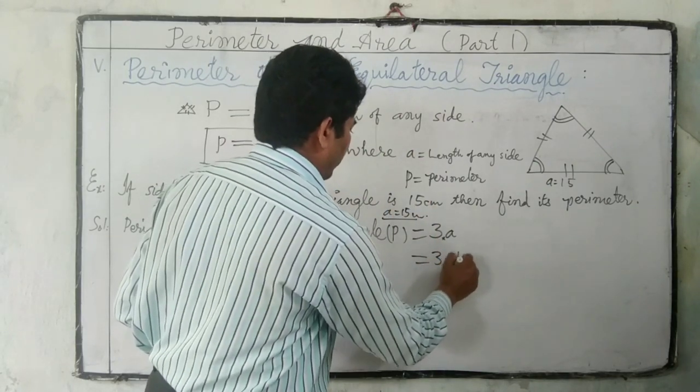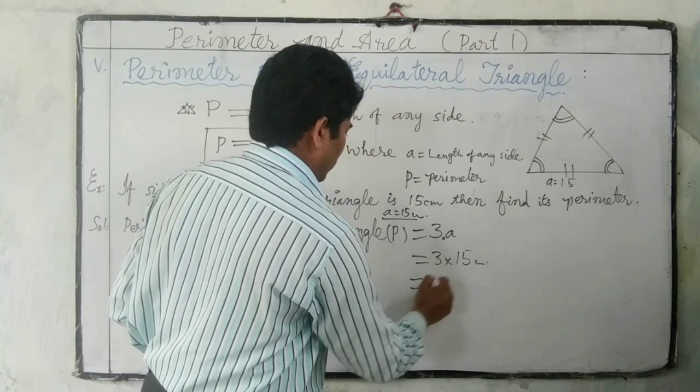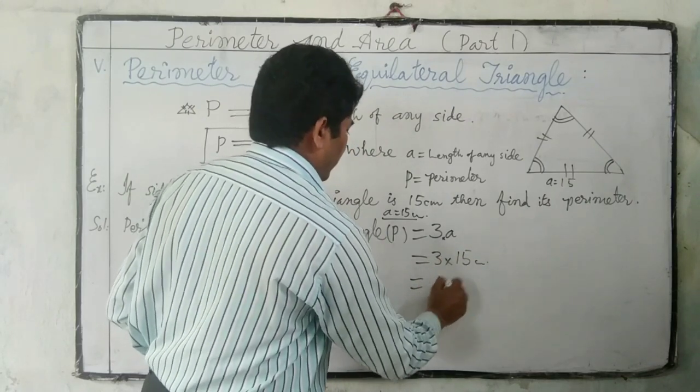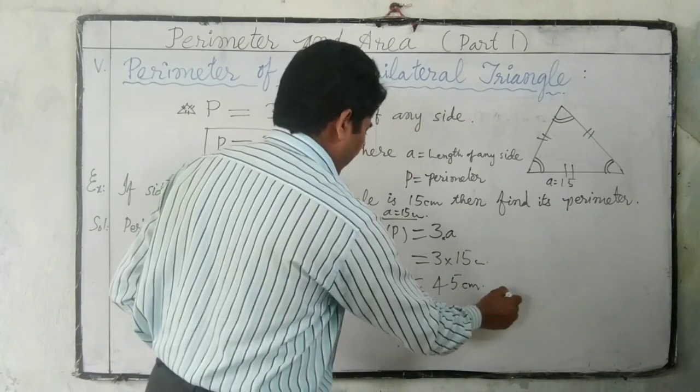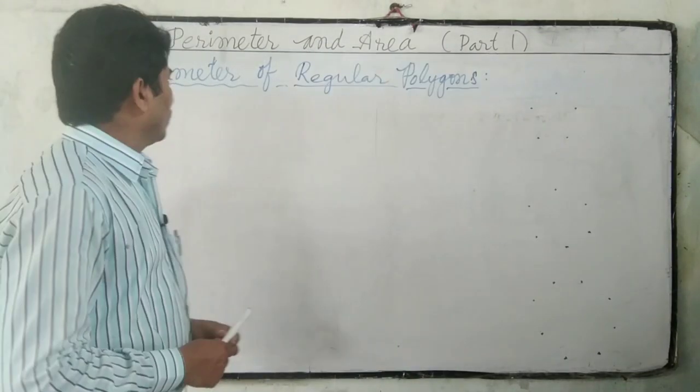Therefore 3 into 15 centimeters, 15 threes are 45 centimeters. This is the perimeter of the equilateral triangle.